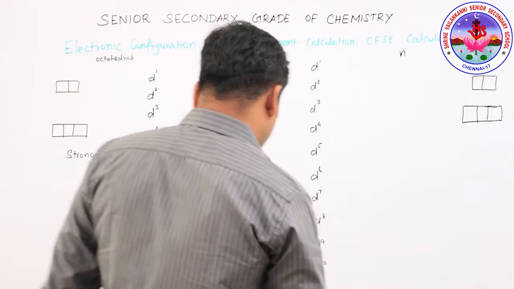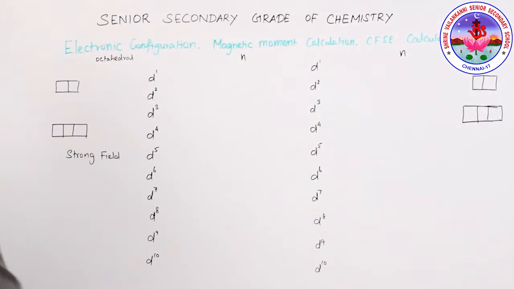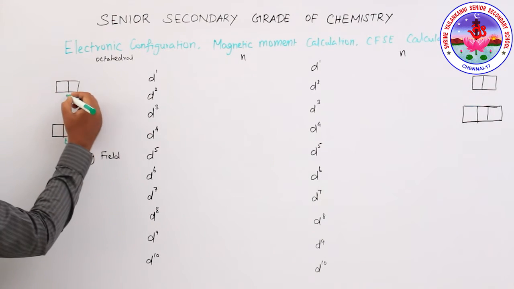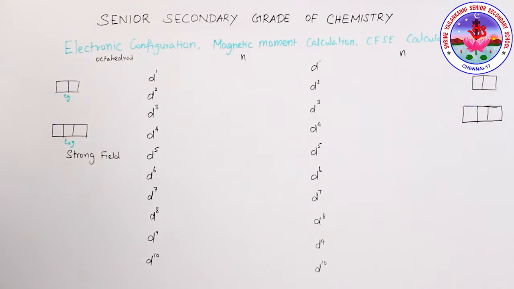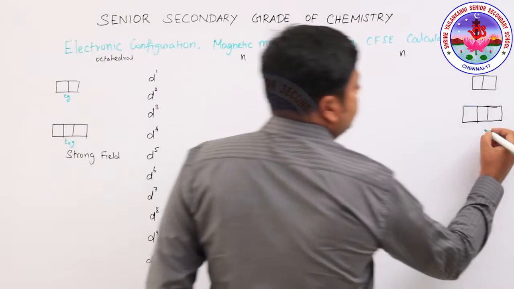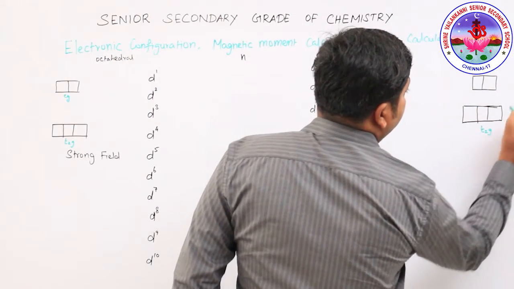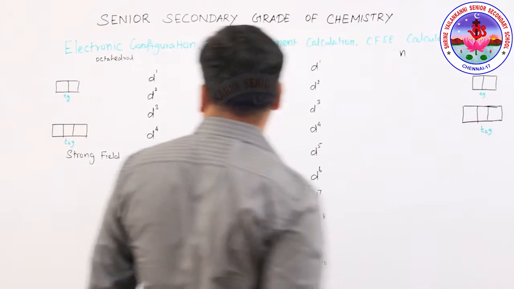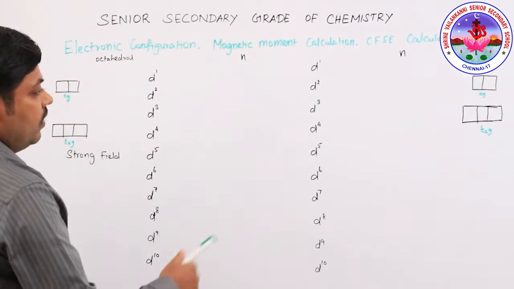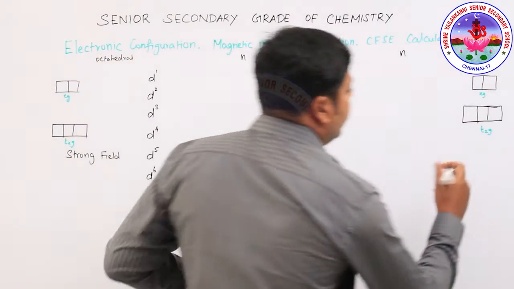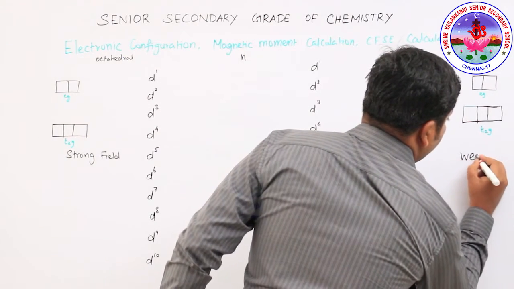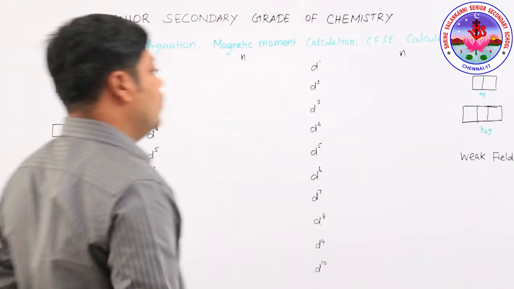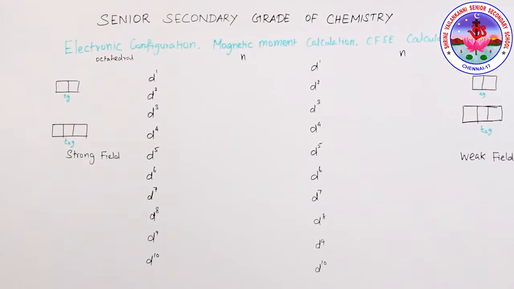Look at here, this is the T2g orbitals and this is the Eg orbitals, and here also this is the T2g orbitals and this is the Eg orbitals. This is for strong field and this is for weak field. So, weak field ligand, strong field ligand.